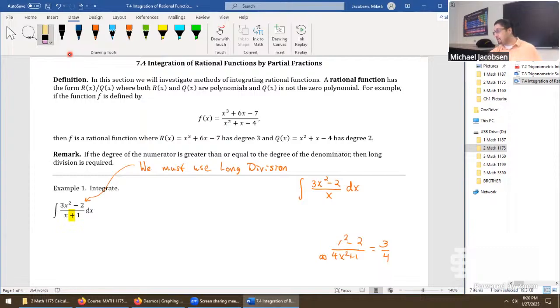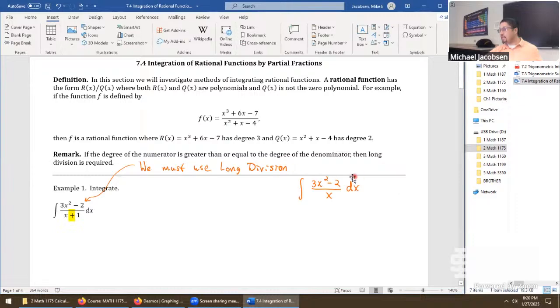Whereas over here, if it's a single term in your denominator, you have an automatic way to split it up, like you said. This turns into the integral of 3x squared divided by x, that's just 3x, minus 2 divided by x, which is 2 times 1 over x. That reminds me that there's a logarithm hiding right there. We get 3/2 x squared minus 2 natural log absolute value of x plus a constant, and then it's done.